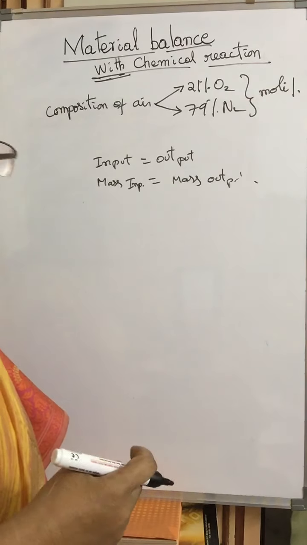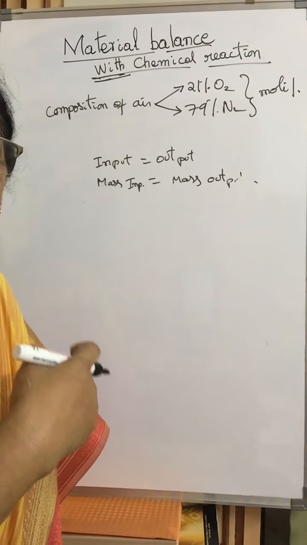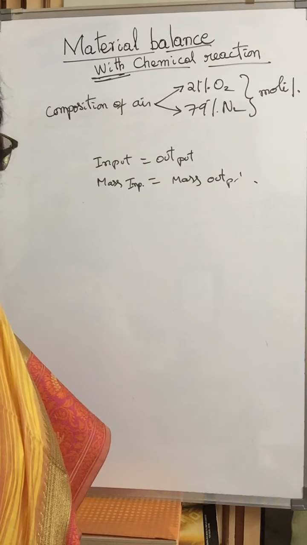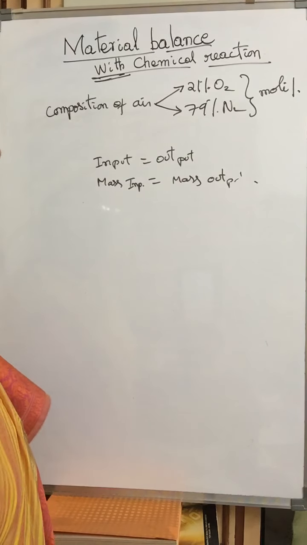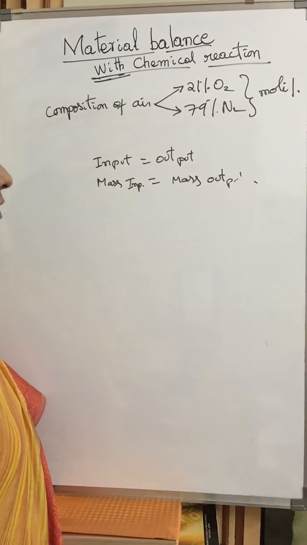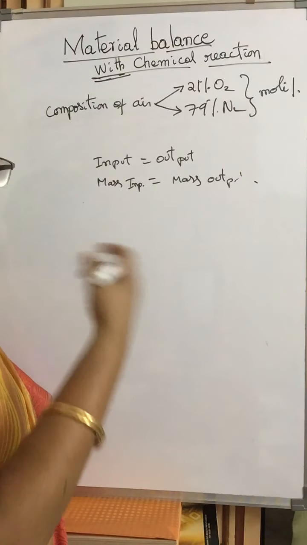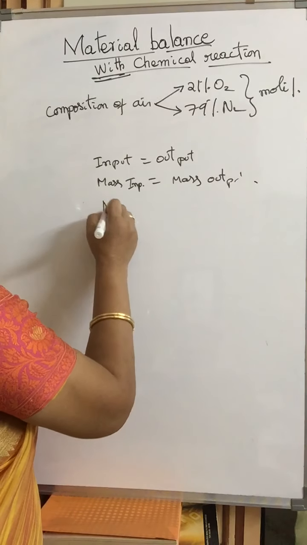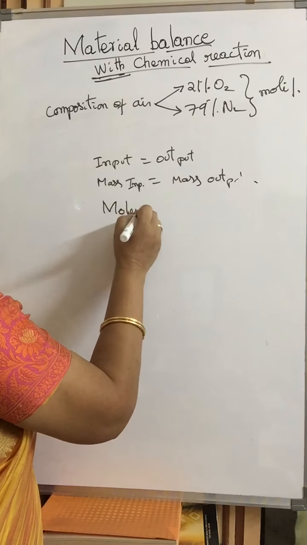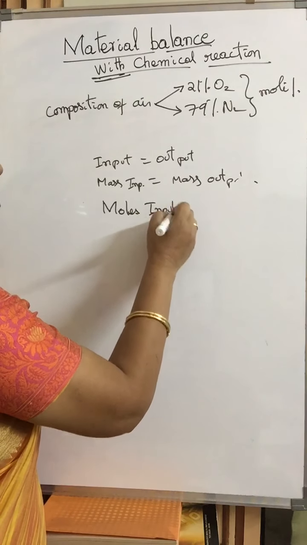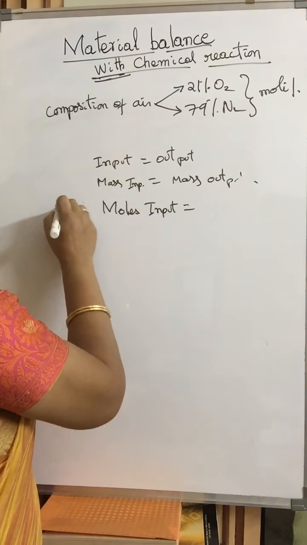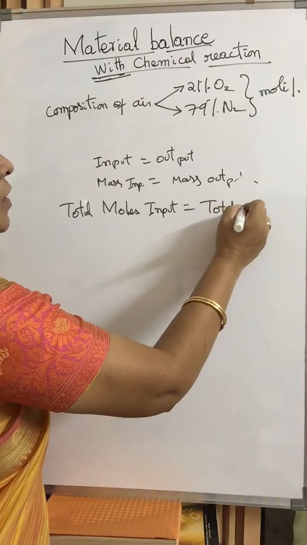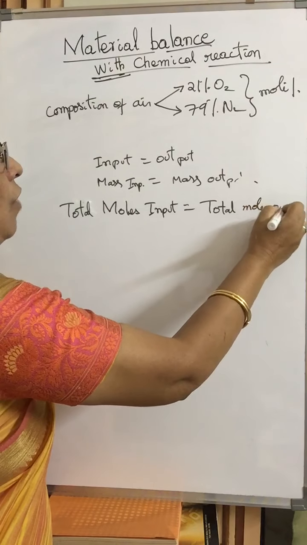Usually in the case of solutions, while working out problems dealing with liquids, we work in terms of mass, that is weight. But usually in gaseous reaction problems, we work in terms of moles. Total moles input equals total moles output.